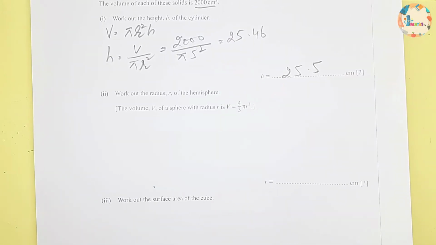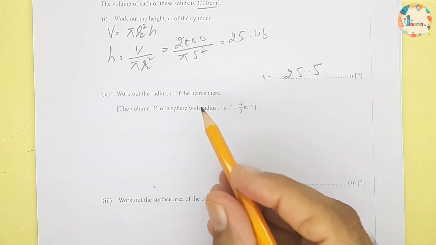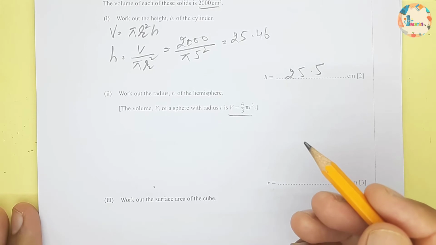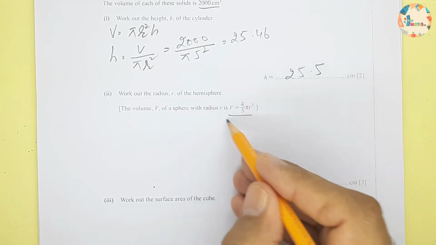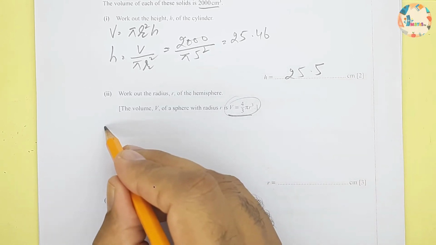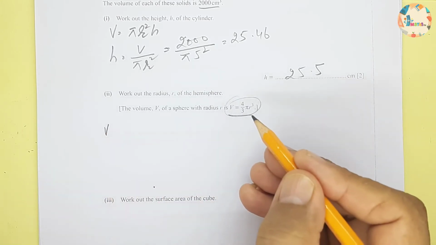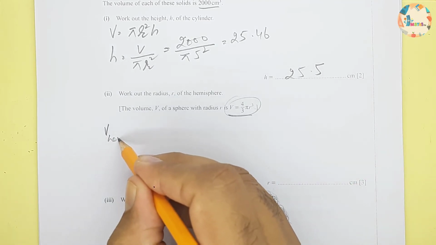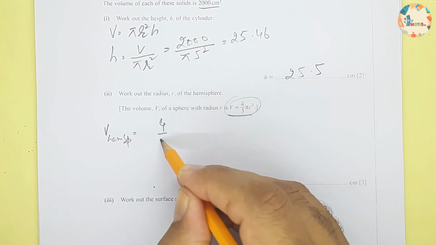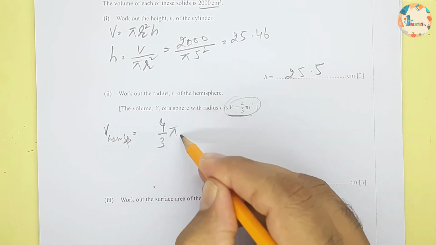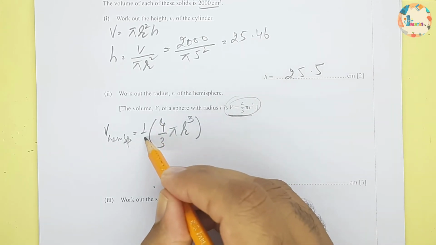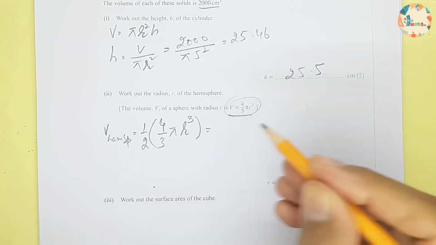Second part, work out the radius r of the hemisphere, and the volume of the sphere formula is provided. So this is basically the volume of the sphere, not the hemisphere, so we will divide this by 2. Volume of hemisphere will be equal to 4 by 3 pi r cubed, and this will be halved, so 1 by 2, because it is a hemisphere.